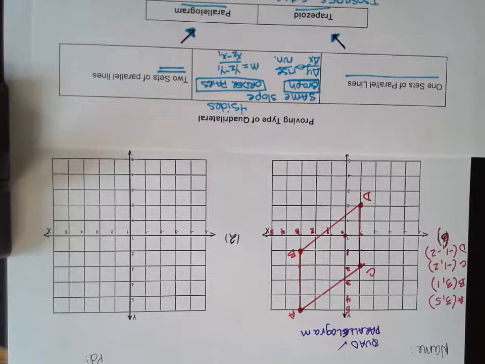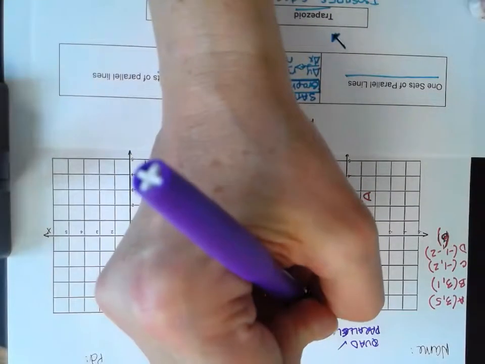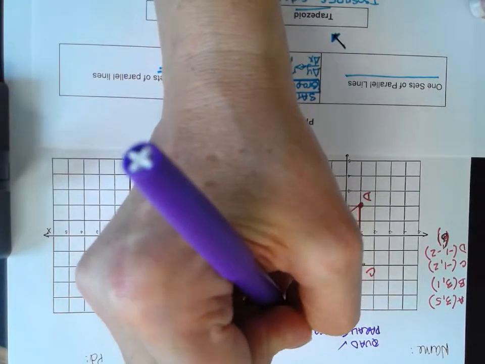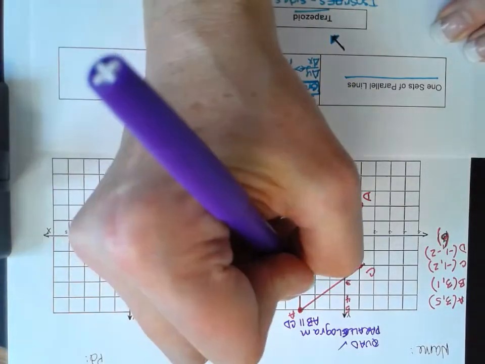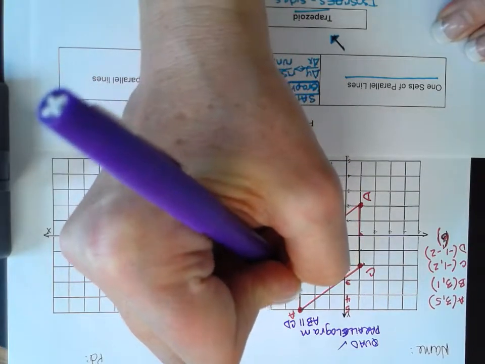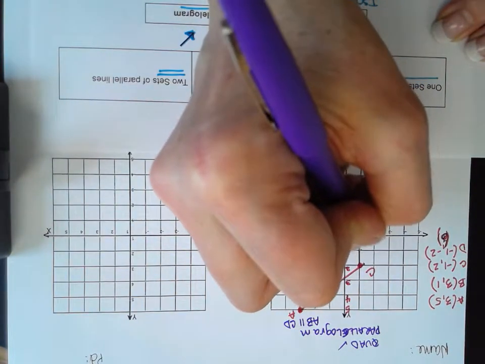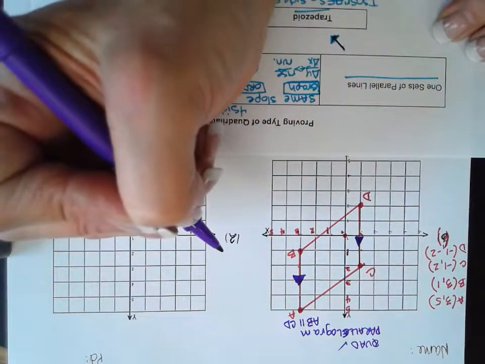Somebody said AB and CD. AB is parallel to CD. How do we know that? It's not that they're the same length; that has nothing to do with parallel. Parallel has to do with slope.